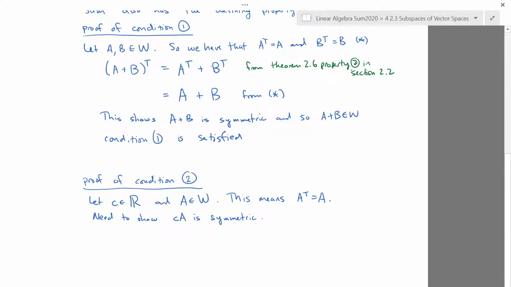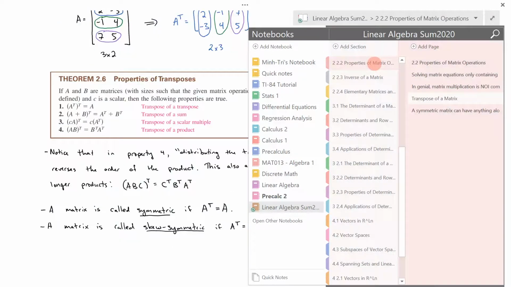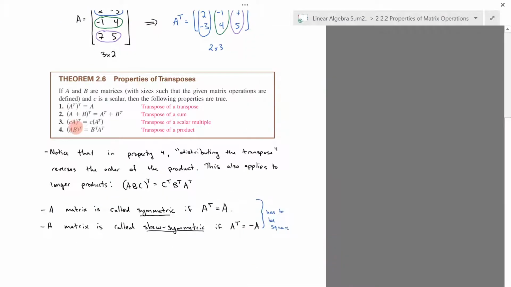So what does that mean? Well, let's look at (C times A) transpose. The transpose doesn't affect the scalar multiple, so this is just C times A transpose. Again, this is from section 2.2, property 3.